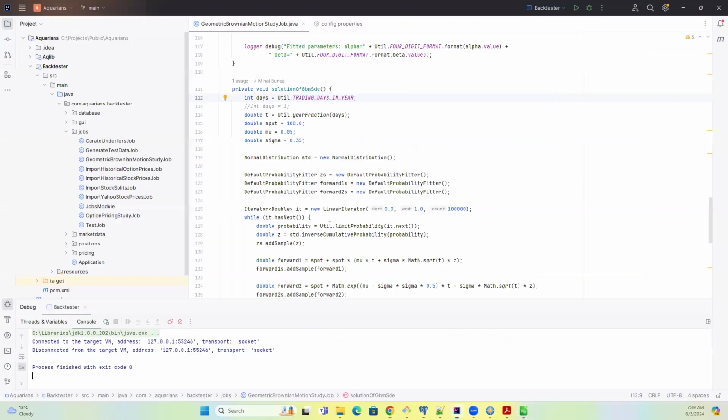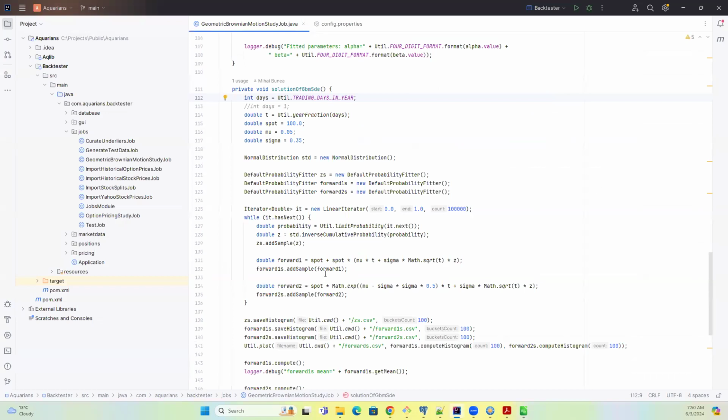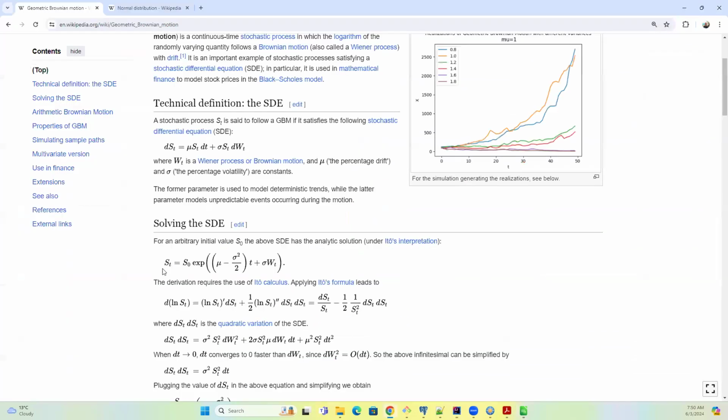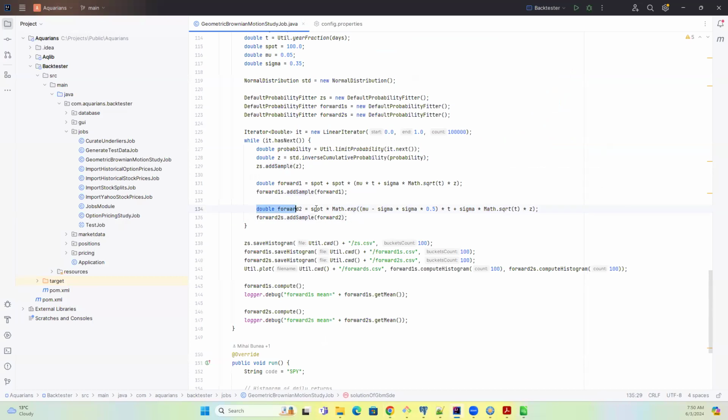So in conclusion, for simulation, we are going to use this formula, so the exponential version. And it's not wrong to use it for small time as well. So even for 1 day, this is more accurate, because what is the differential time?